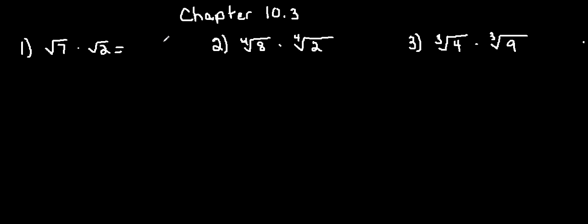So in other words, this would give me the square root of 14. And then we always simplify things whenever we can. So this is simply 7 times 2 in the square root sign, which gives you the square root of 14. If I could, I would simplify this in its entirety, but I can't, which is noted by the 7 and the 2 that we multiplied. So this would be my solution for that.